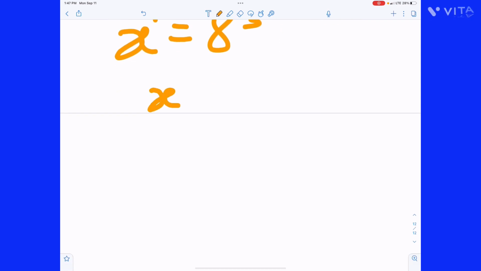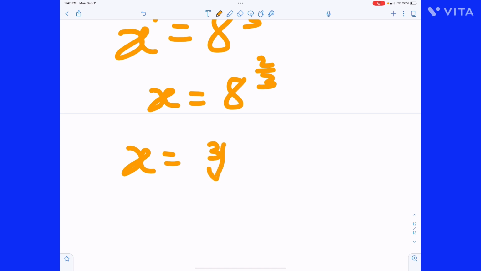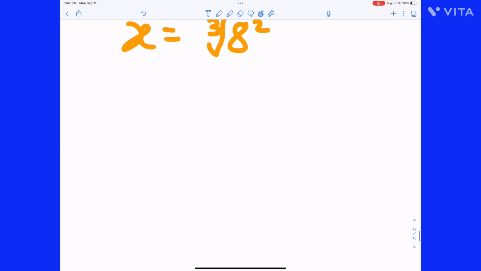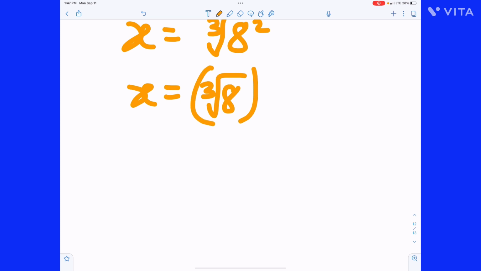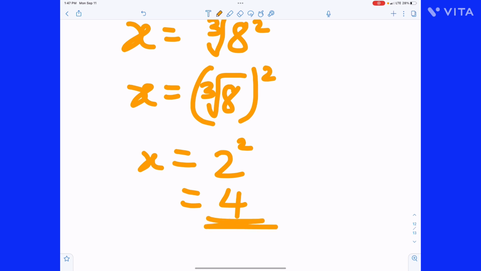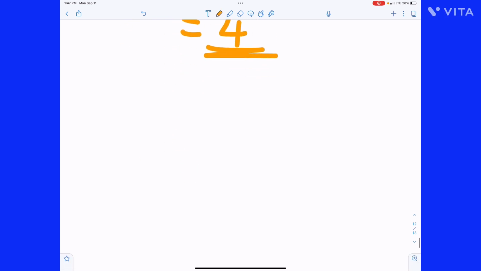So that's what x is, 8 raised to power 2 over 3. This means x is cube root of 8 all squared. So I can do it this way, or say x is cube root of 8, then the square outside. So let's find the cube root of 8, 2. 2 raised to power 2, 4. So that gives me 4 as my answer.